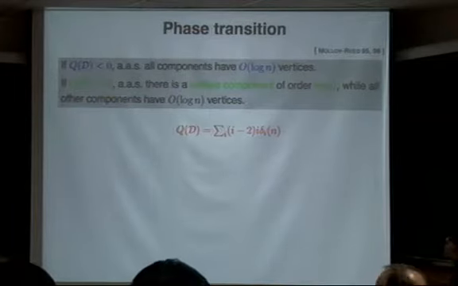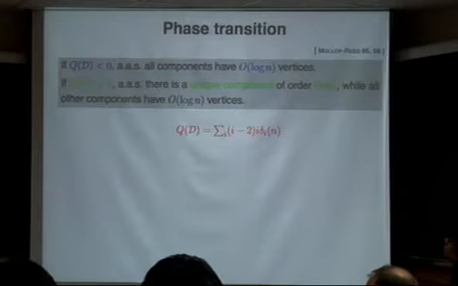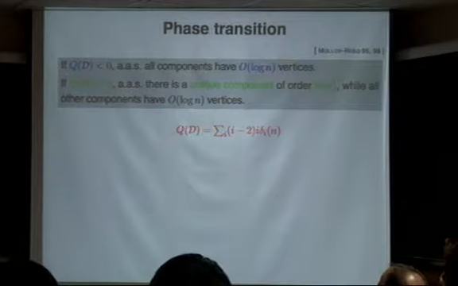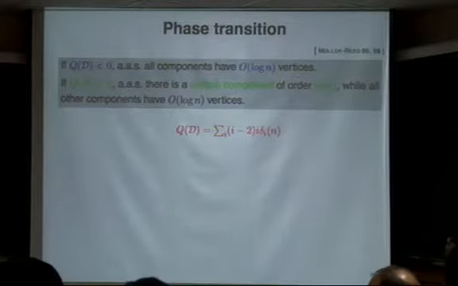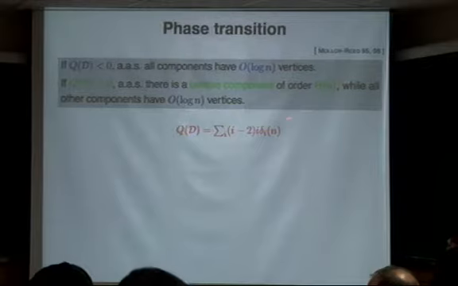In essence, it is analogous to the phase transition in a standard random graph. It is disguised, but if you look at the quantities, this is exactly the same as what happened in the standard random graph. The critical quantity was Q(D), the sum of (i minus 2) times i times the proportion of vertices of degree i.